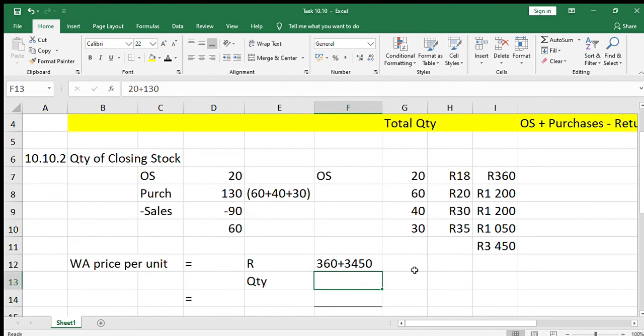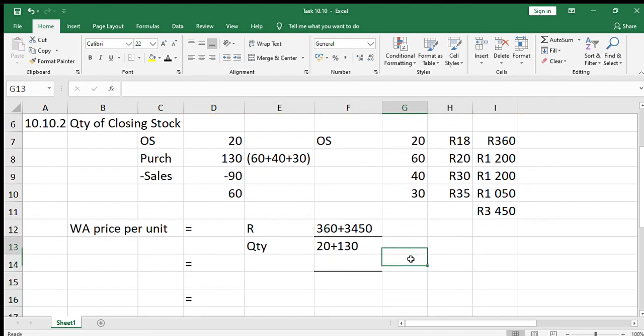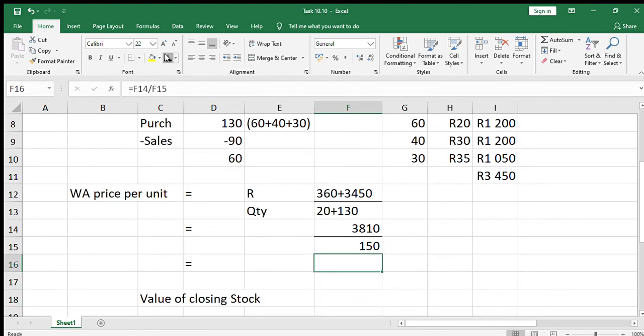So 360 plus 3,450 divided by the quantity. The quantity of opening stock was 20 and the quantity of the purchases was 130. You could have used the totals already, I just wanted to show it to you. So we get 3,810 on the top and 150 at the bottom. Now we work out the average, so the weighted average price per unit is 25 rand 40.